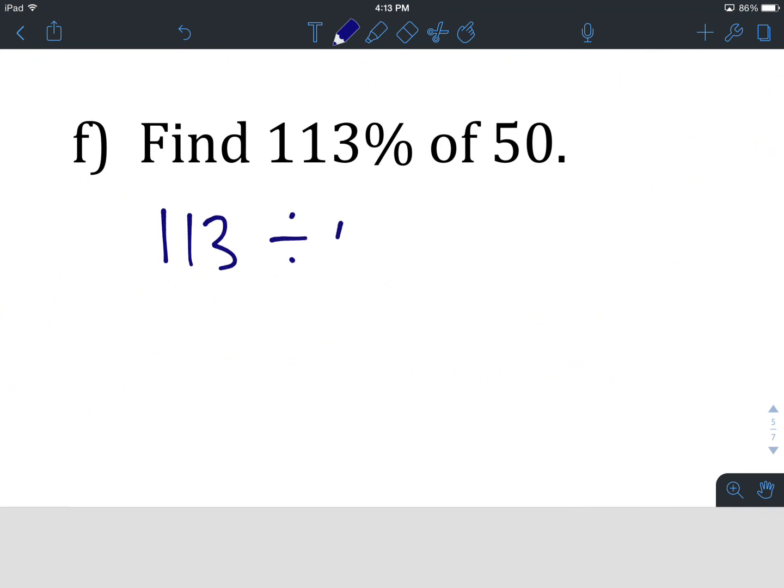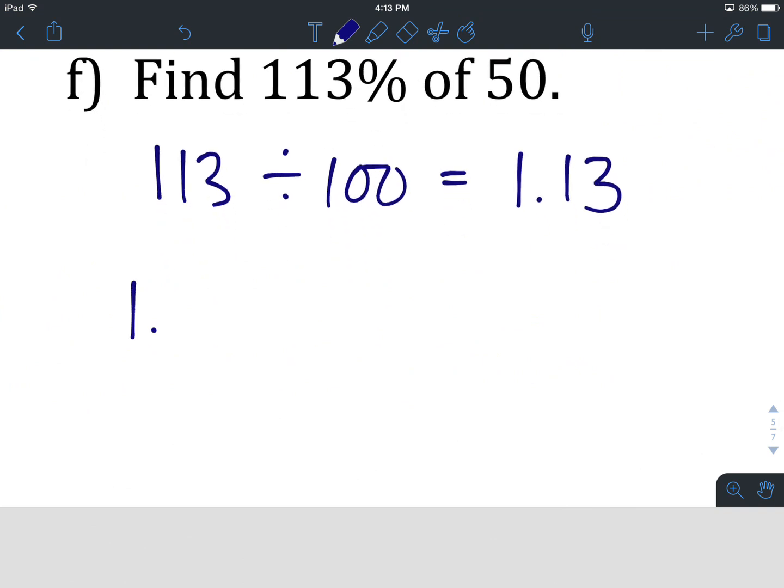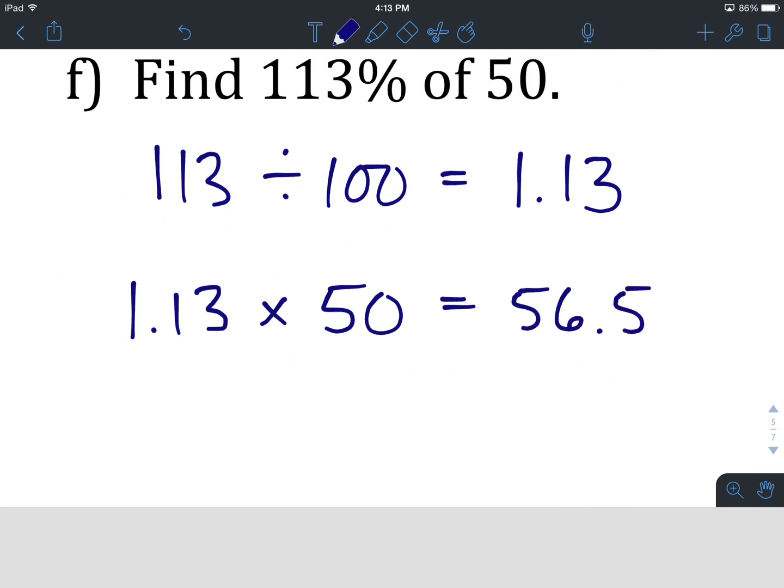113% divided by 100 will give us the decimal, which is 1.13. It's larger than 1. That's not a problem. Let's keep going. Step number 2 is to take our decimal, 1.13, and multiply it by the number we want to know 113% of, which is 50. We're going to type this into our calculator, 1.13 times 50, and that will give us 56.5.